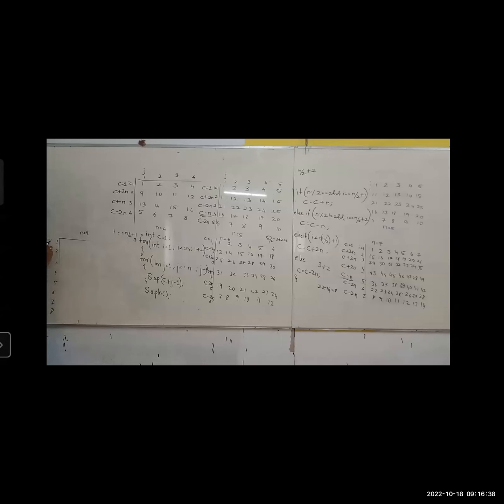So C value is 1. Here 1, 2, 3, 4, 5, 6, 7, 8. Those who don't know what I asked you to do, only you listen. Those who know what to do, keep doing. So 1 plus 1, sorry, 2, minus 1 is 1. 1 plus 2, 3, 3 minus 1, 2.